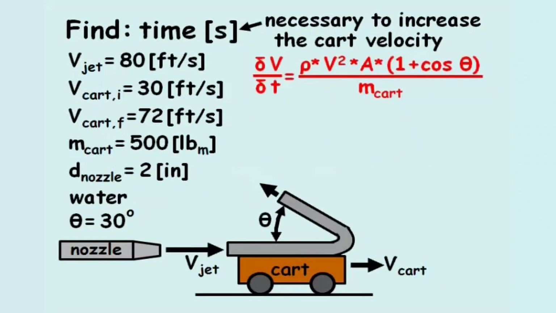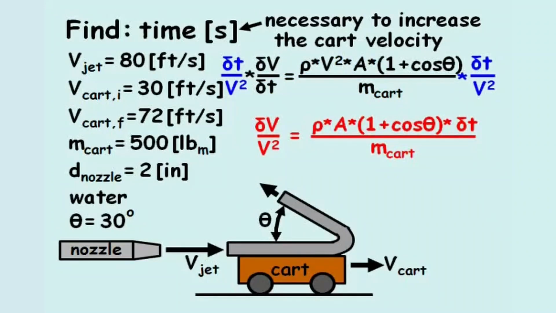After rewriting our equation, we'll divide both sides by v squared and multiply by dt. After that, we'll integrate the left-hand side of the equation with respect to the velocity term, v, and we'll integrate the right-hand side of the equation with respect to the time, t.